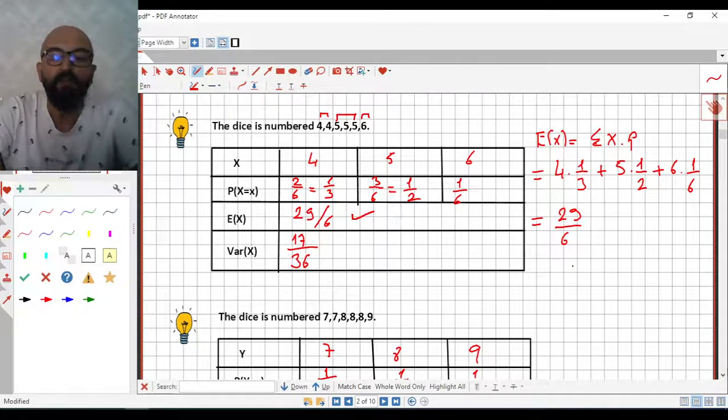Okay, and variance, our variance is the sum of x squared multiplied by probability minus expected value squared.